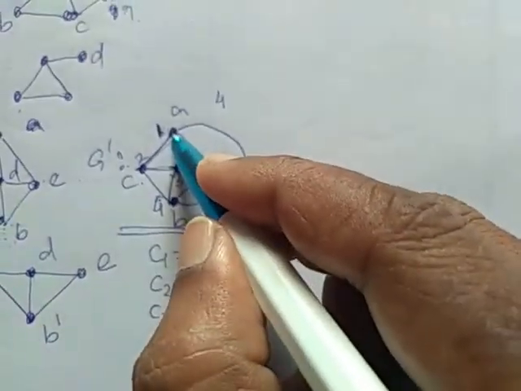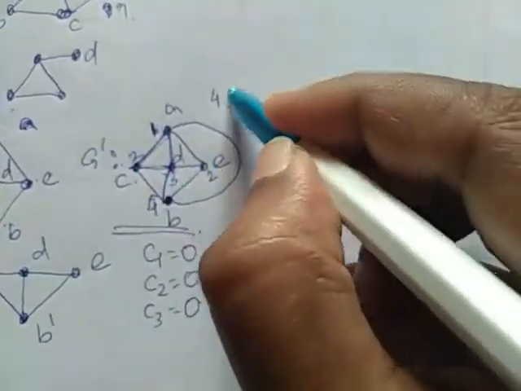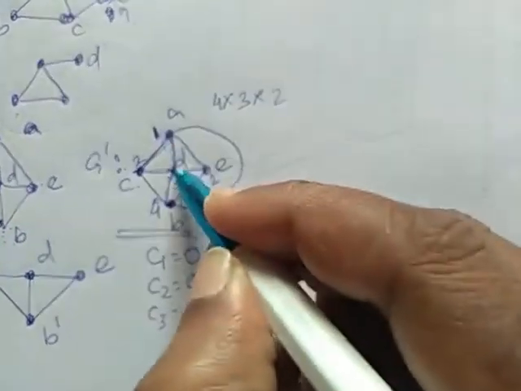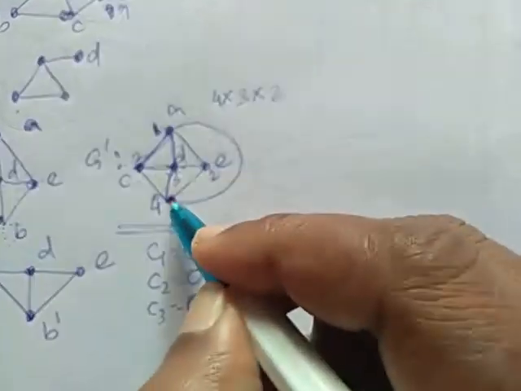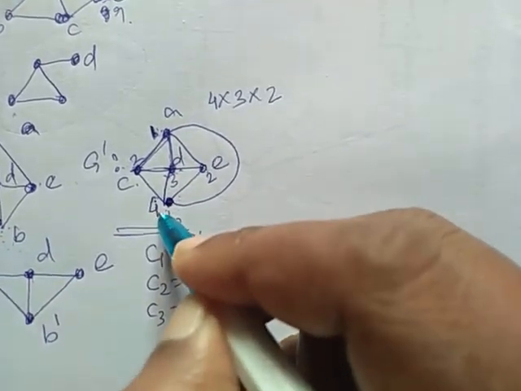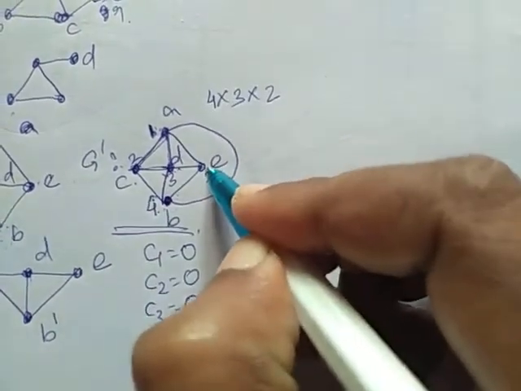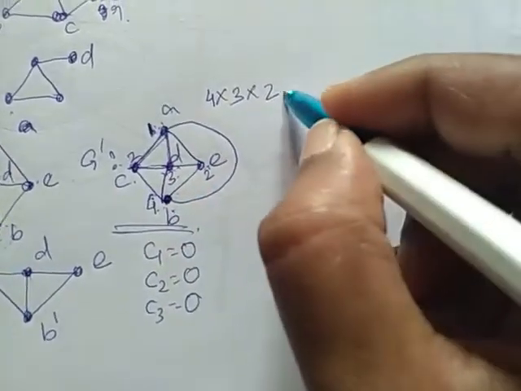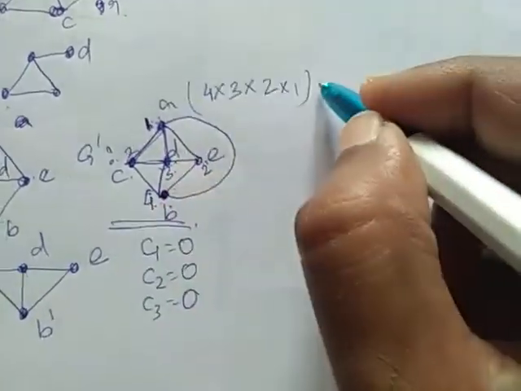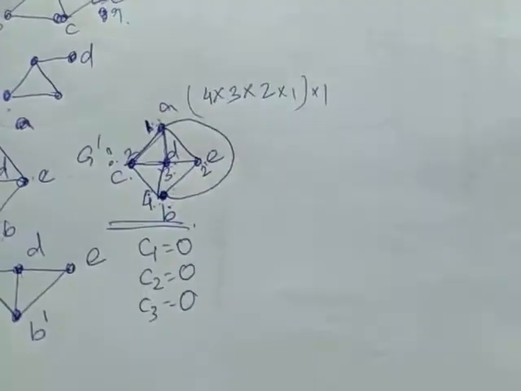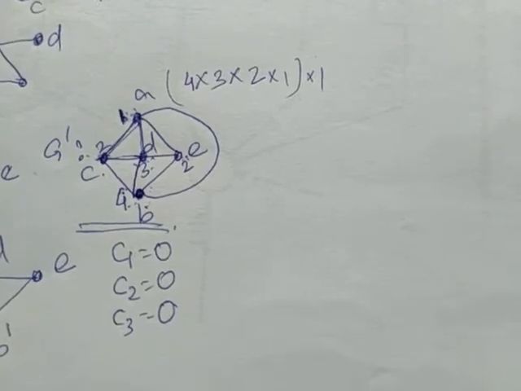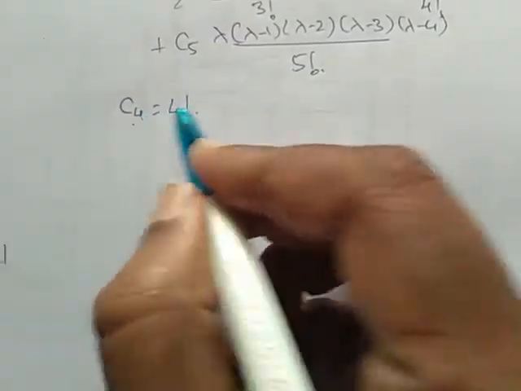When I choose one color here, remaining 3 possibilities here. Remaining 2 possibilities here. When I choose 1, 2, 3 here, obviously this should be 4. And if it is 4, this should be 2 only, because it cannot be 1, 3 and 4. Therefore, it is not multiplied with any other number except 1. There is only one possibility.